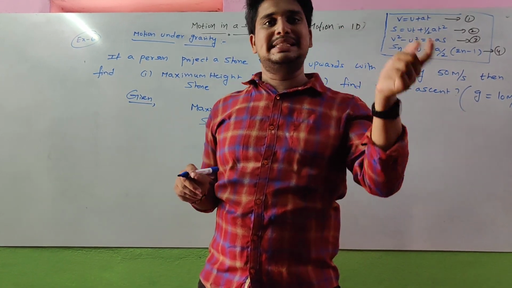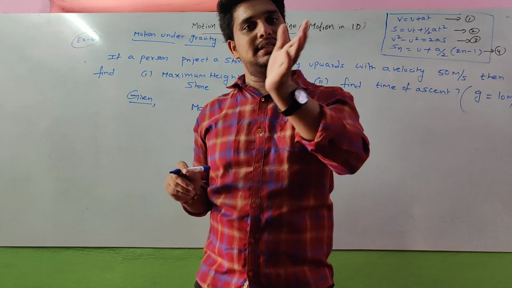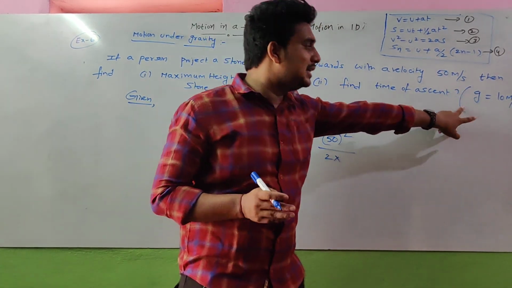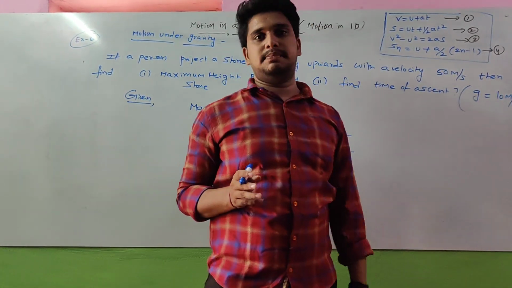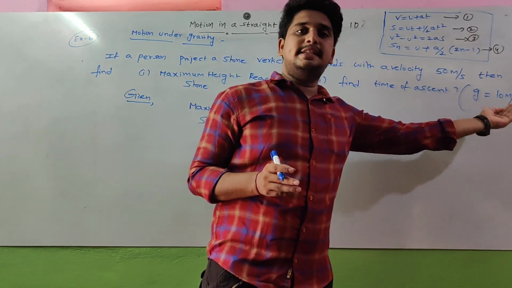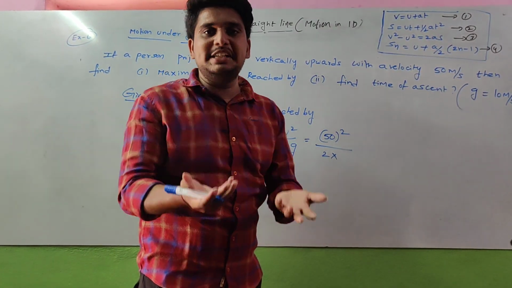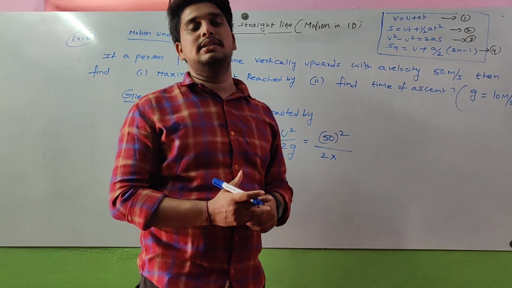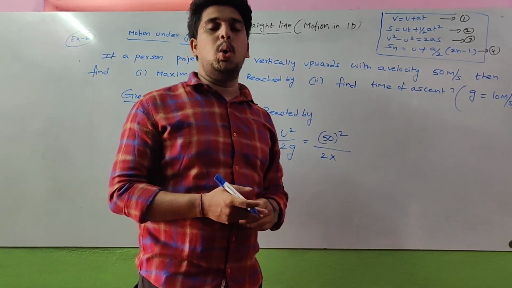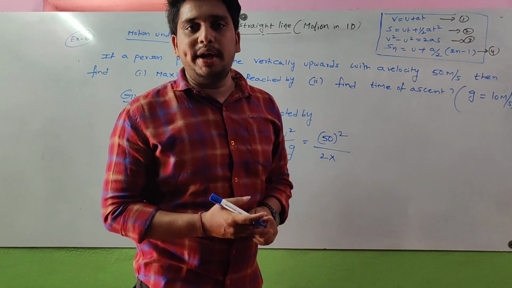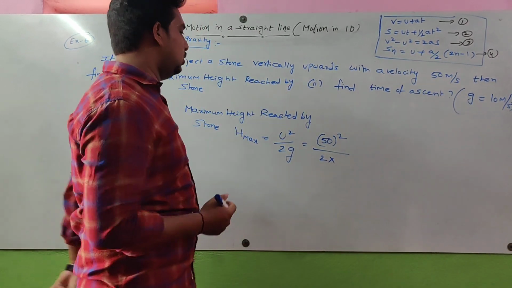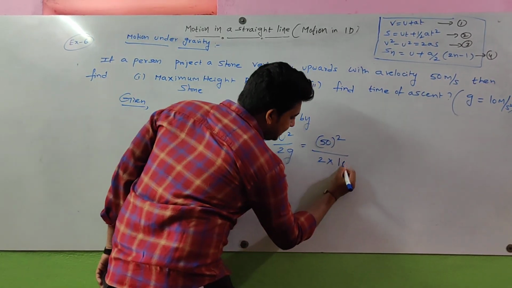If the g value is given in the problem, you should consider that value, because here g is 10 meter per second square, that's why we should take g is equal to 10.